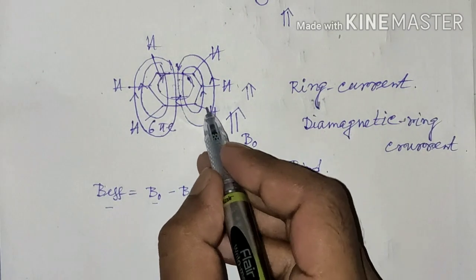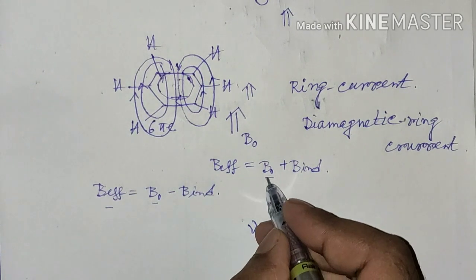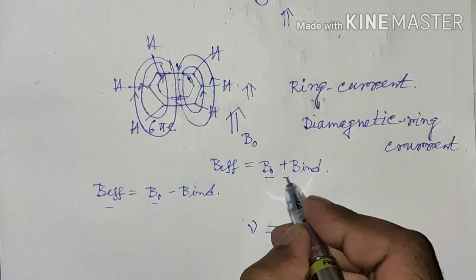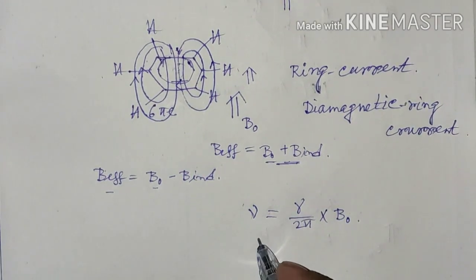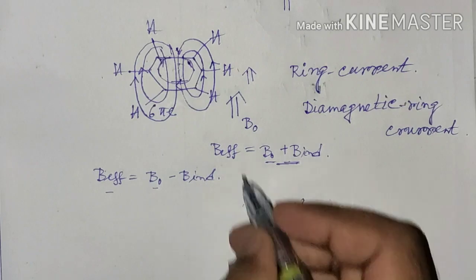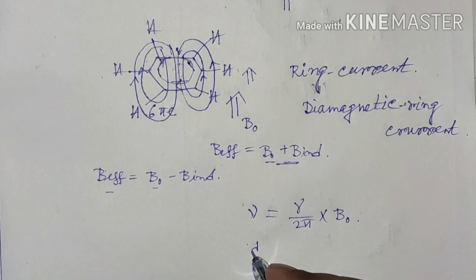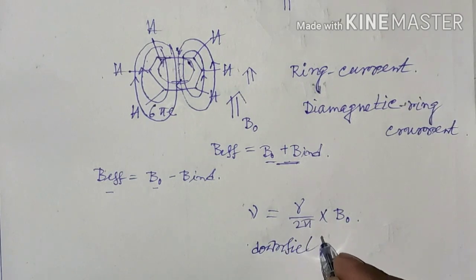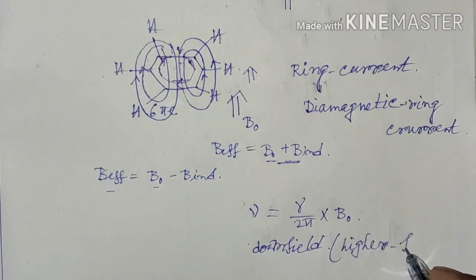Now since the outer protons of the benzene nucleus feel a greater magnetic field, they will resonate at higher frequency. That means the outer protons will be downfield, and they resonate at higher frequency.